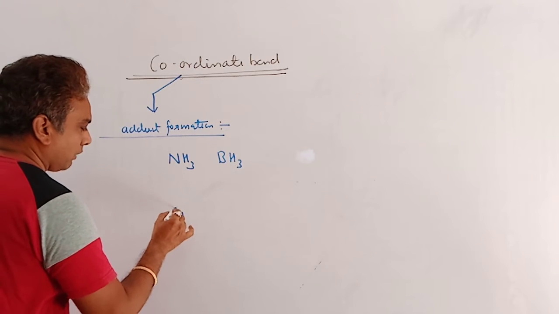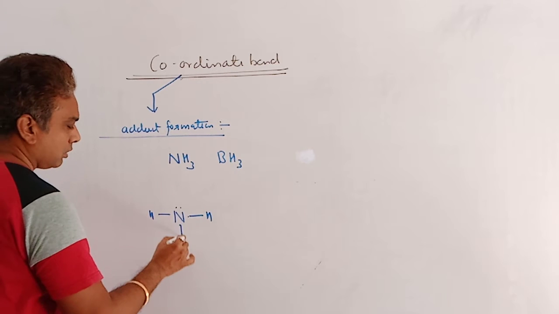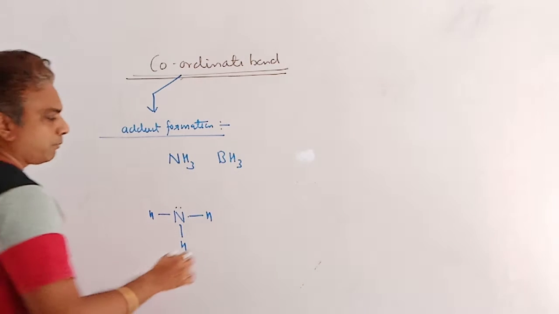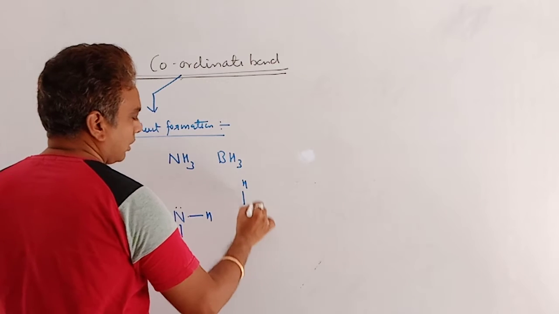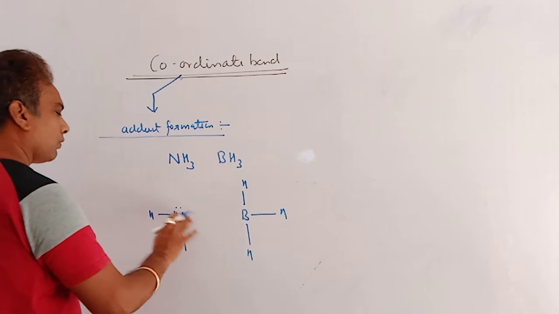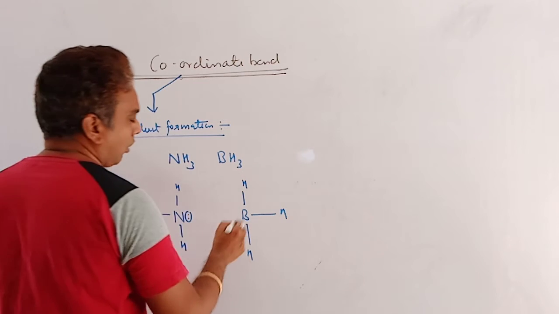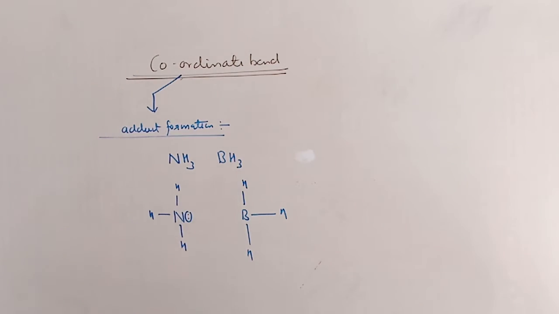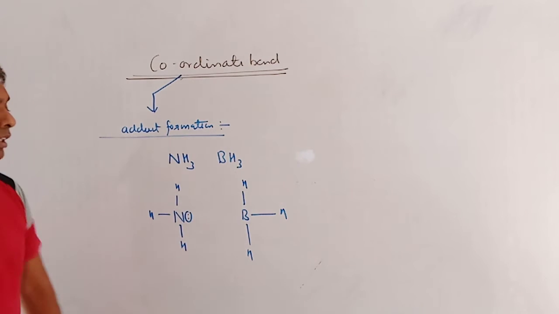Nitrogen contains 5 electrons in the outermost shell, 3 are shared with hydrogen. Clear? And in the case of borane we have 3 electrons only, so all 3 are shared with hydrogen. But after the sharing of electrons, in boron the octet is not completed, while in nitrogen it is completed and one lone pair is left on N. Clear?